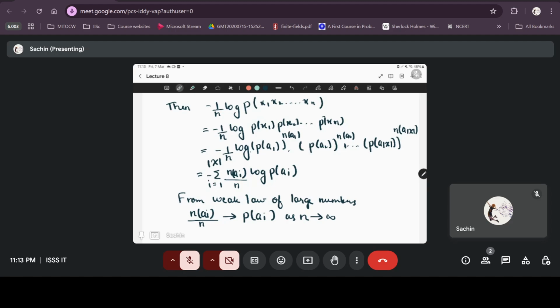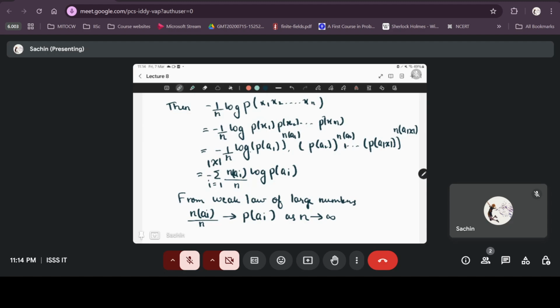So as you do more and more experiments, this experimental value of the fraction of the outcome Ai, which is given by n of Ai by n, approaches the true value, the probability of the particular outcome Ai.